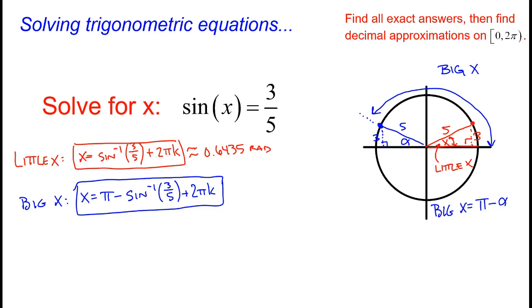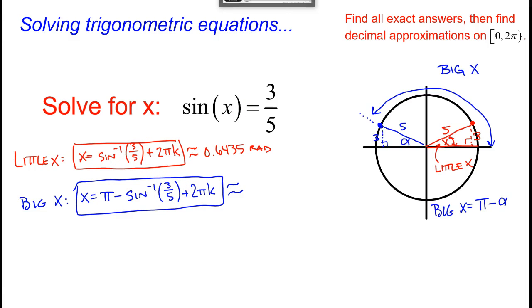The only thing I have left to do for this problem is to approximate that angle big X as a decimal value. So again, I'm going to go back to my calculator. Remember, big X is just pi minus what was little x.